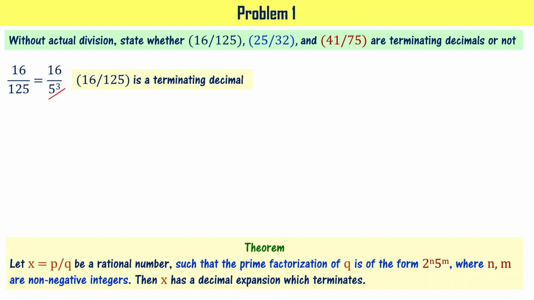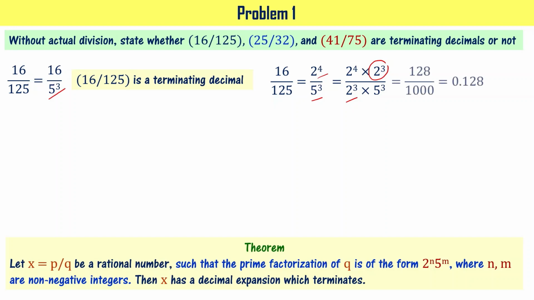If you want to prove that, 16 by 125 can be written as 2 power 4 divided by 5 cube, right? I want to have 2 power 3 in the denominator also. For that, I multiply with 2 cube on both numerator and denominator. When I do that, I can write it as 2 power 7 for the numerator and 10 cube for the denominator.